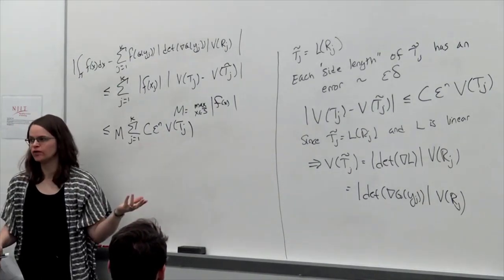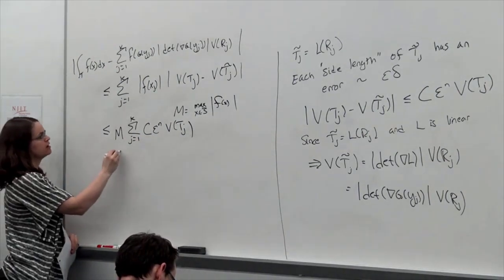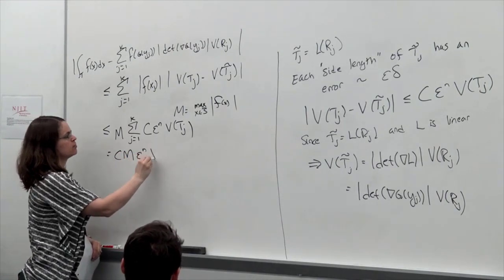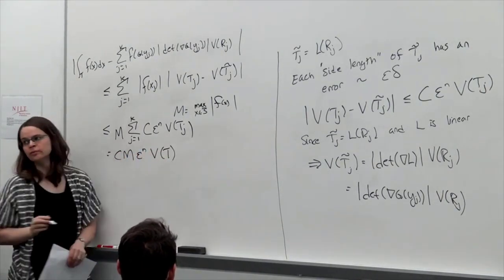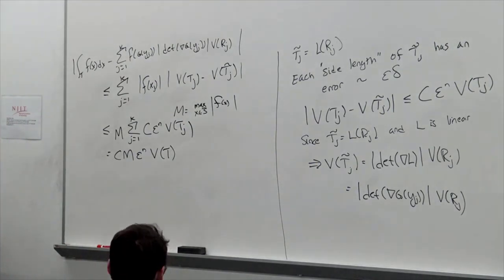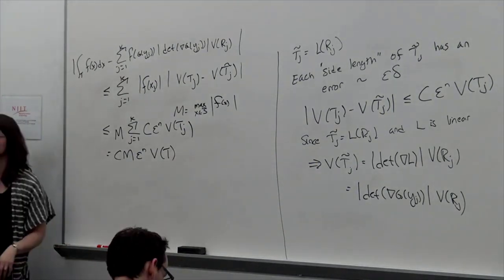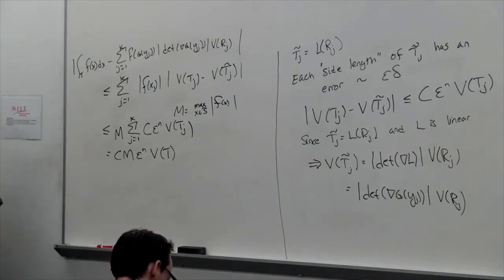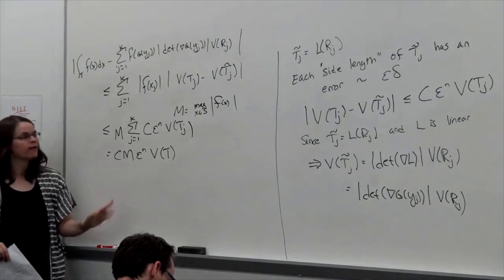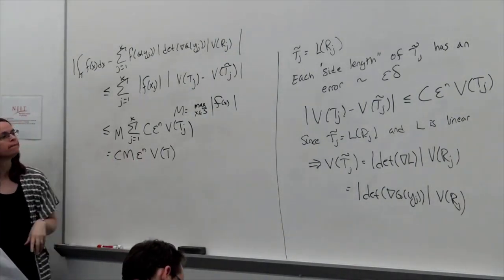I just get the total volume, right? None of this stuff depends on j. So this is nothing but some constants times epsilon n times the total volume, which we know to be finite because we started with a bounded nice set. We used a nice regular transformation, so we're going to get another bounded nice set. So a bunch of stuff that is finite and fixed, these are constants, times epsilon to the n.